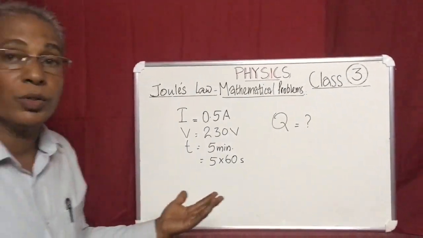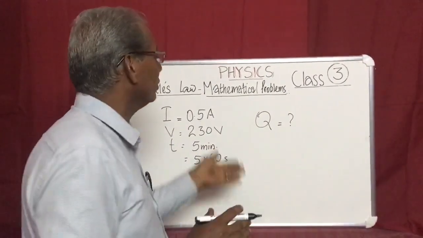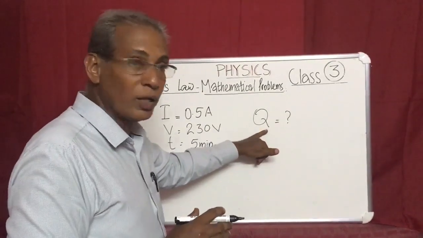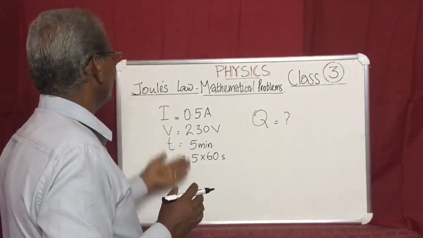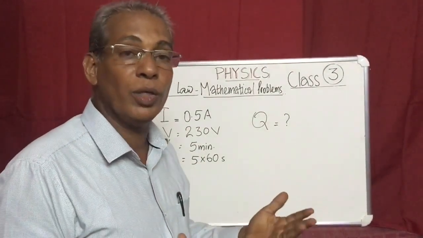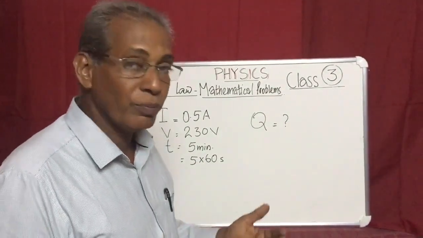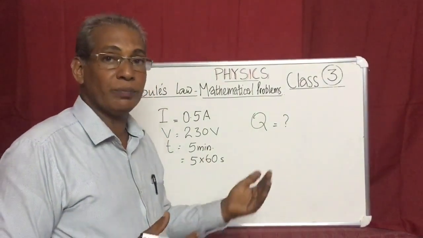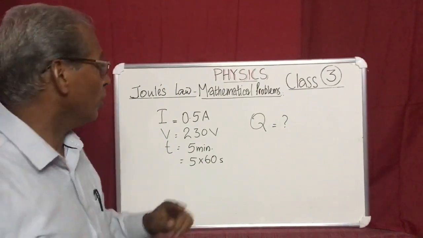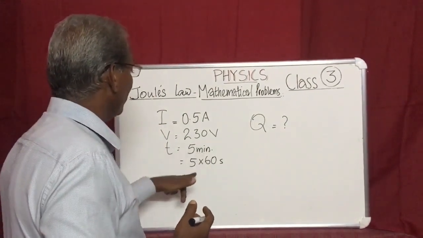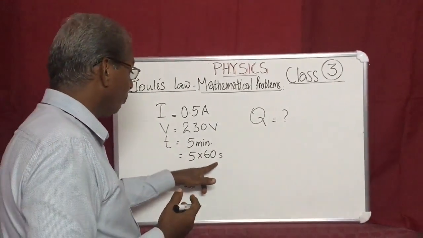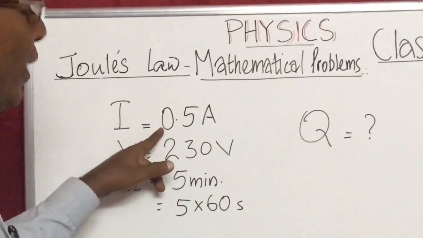Which equation do we have to use? There is a relation we studied between Q, quantity of charge, time and intensity of electric current. We know I is equal to the rate of flowing charge, that is charge flowing in unit time. So in 5 minutes, that is 5 into 60, 300 seconds, 0.5 ampere current is there.